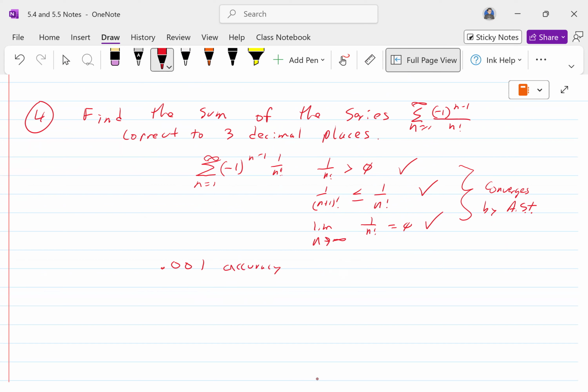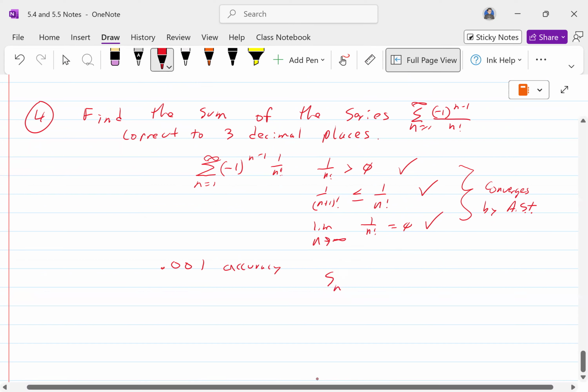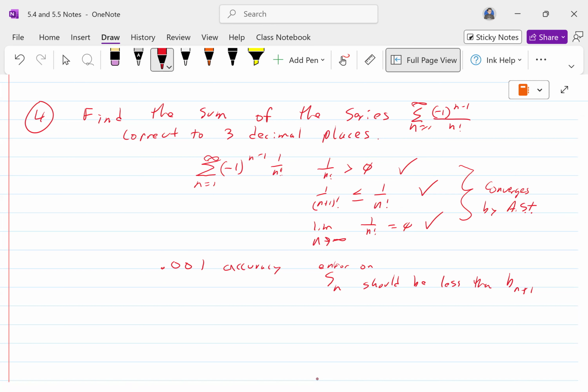Then I can say the nth partial sum, S_n, the error on S_n should be less than b_(n+1). The (n+1)th term should give me an error less than the nth partial sum. So let's see how this works.